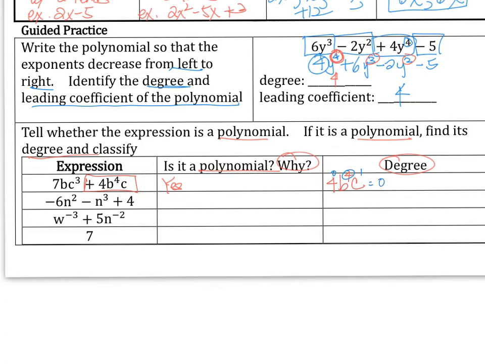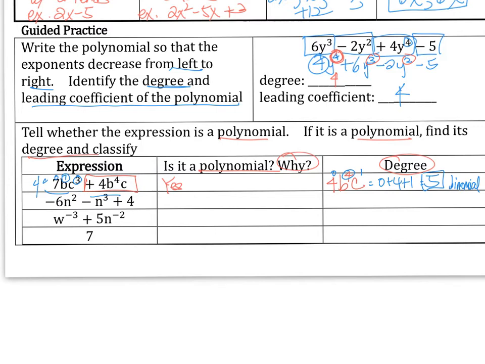So that would be 0 plus 4 plus 1. And you would get 5. And 5 is greater than 3 plus 1 plus 0, which is 4. Okay, so that's the reason.